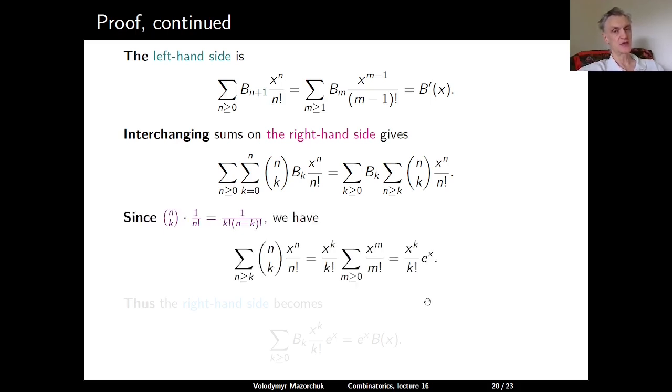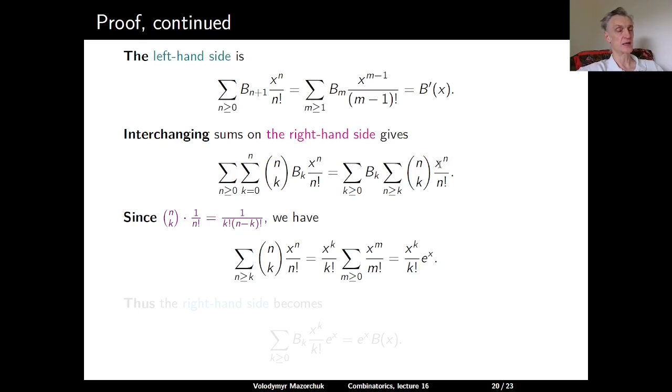N choose k times 1 divided by n factorial is just 1 divided by k factorial times n minus k factorial. So we can move x to the power k divided by k factorial out from the second factor, and what is inside is the sum over all m greater than or equal to 0 of x to the power m divided by m factorial.